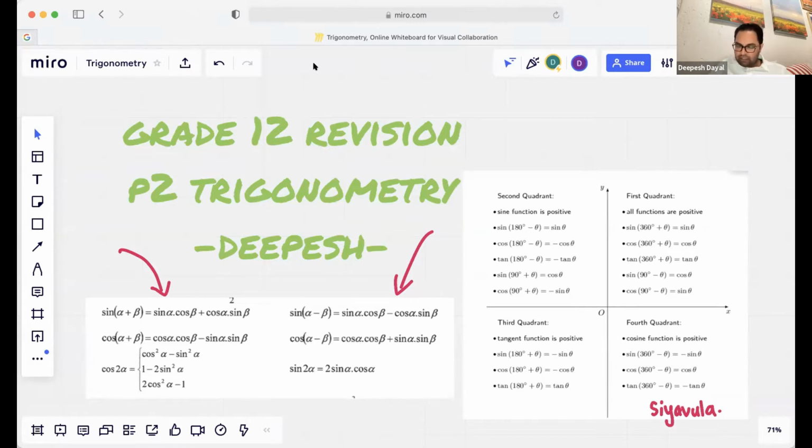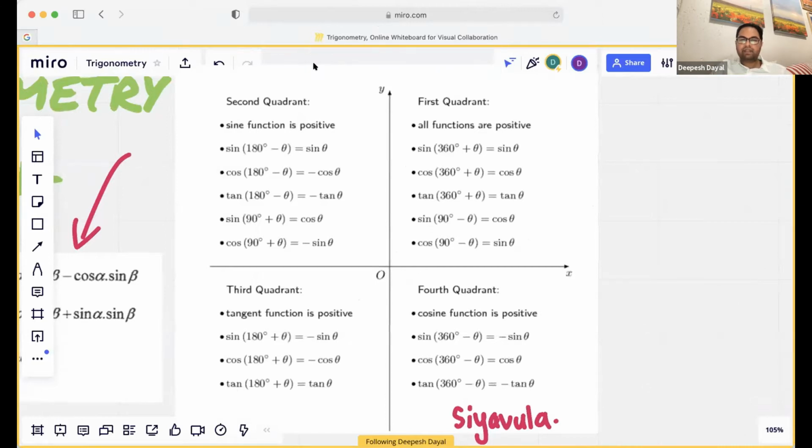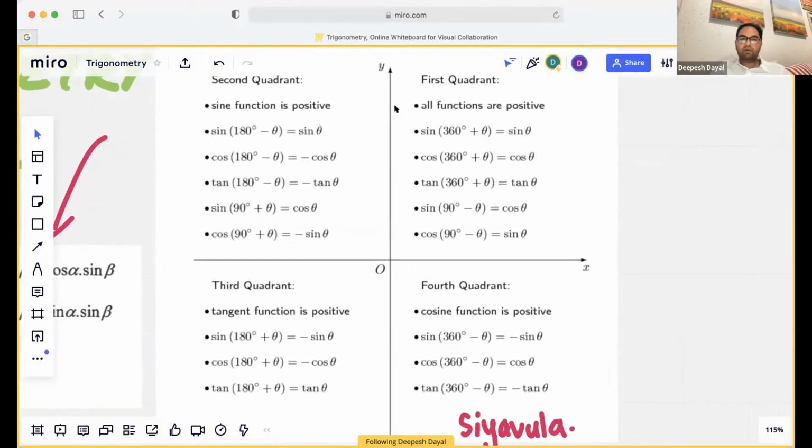And then here on the right-hand side, we've got a big diagram. What do we call this diagram? We call it the Cartesian plane, but we usually call it the CAST rule also.